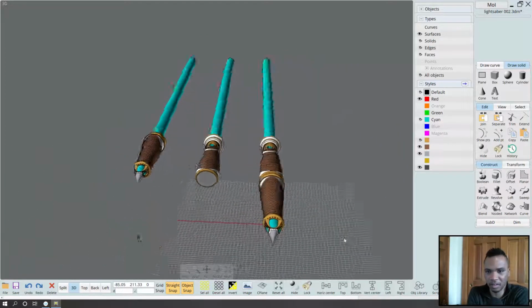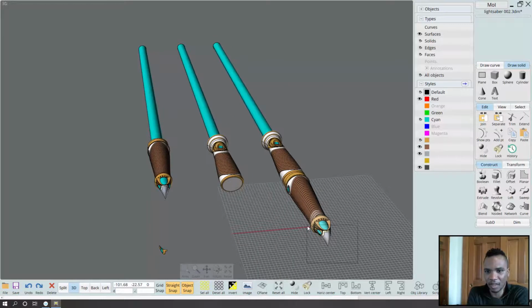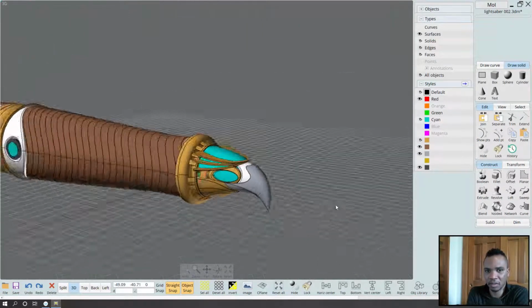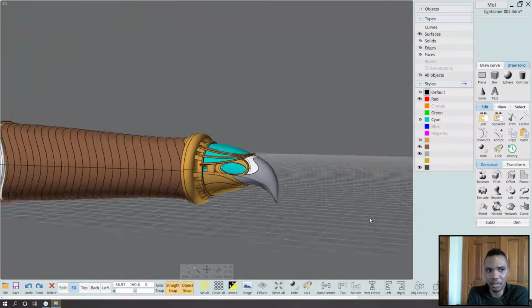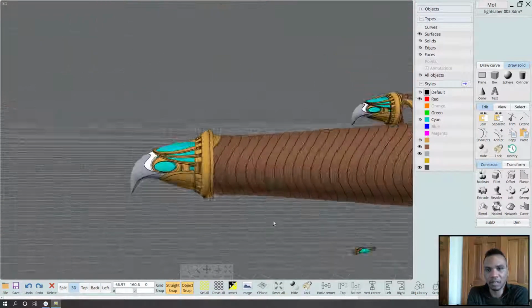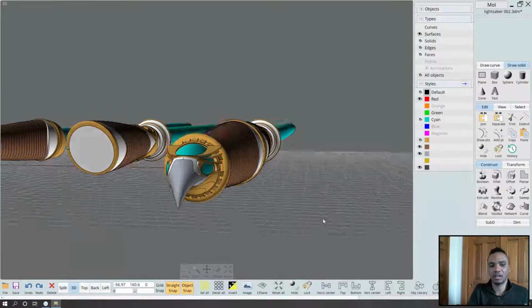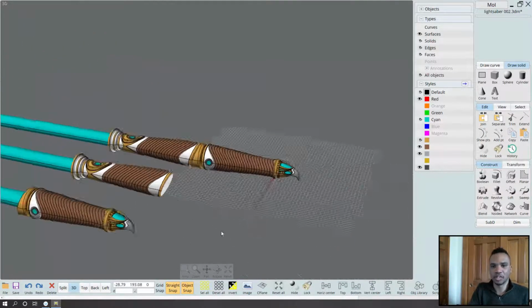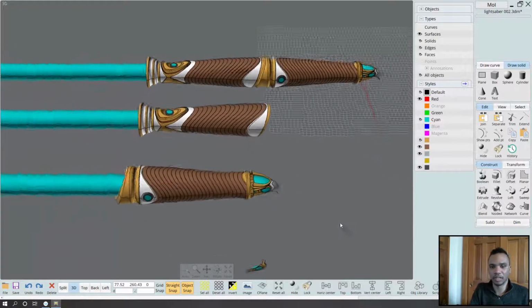So I was thinking that this could be a lightsaber for an army, because if you look at them, you can interchange the connections.